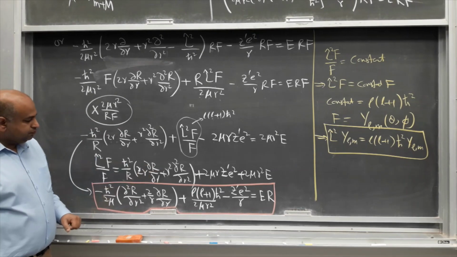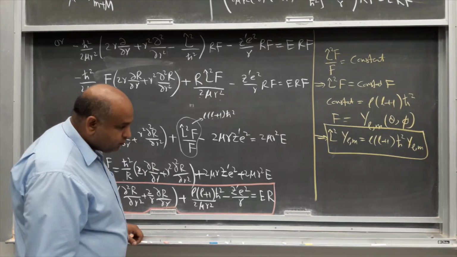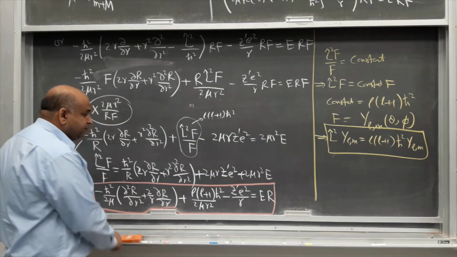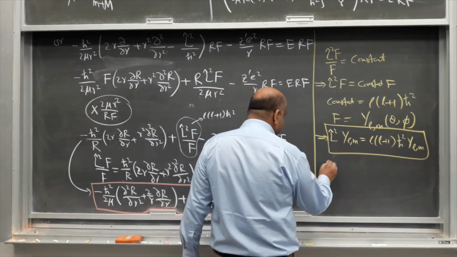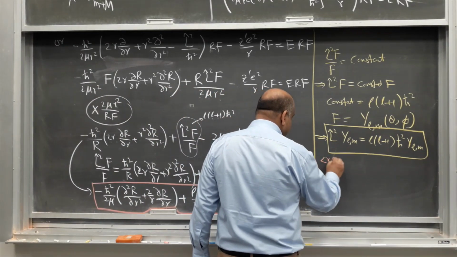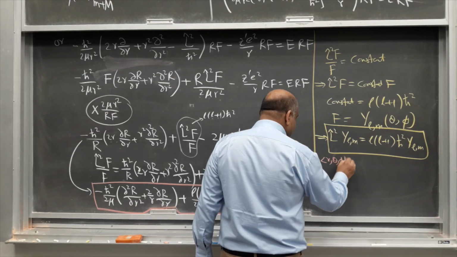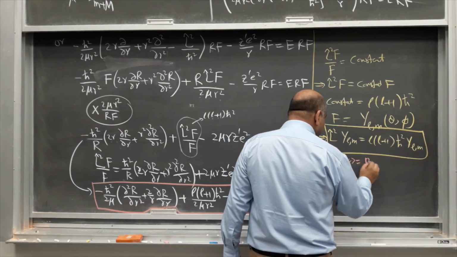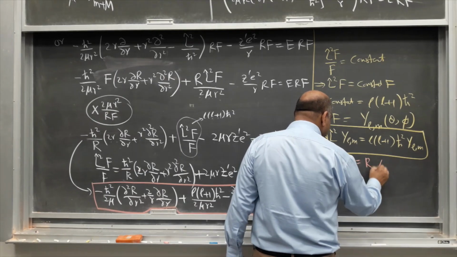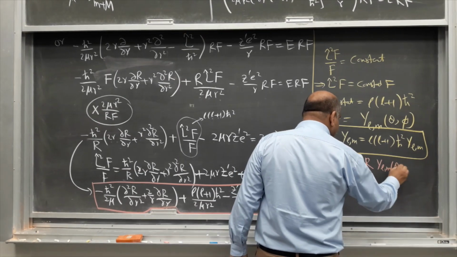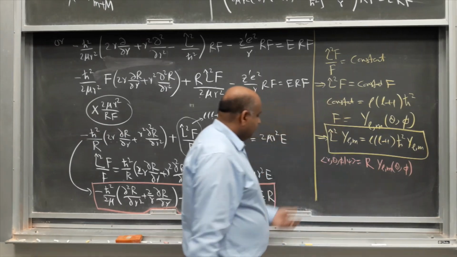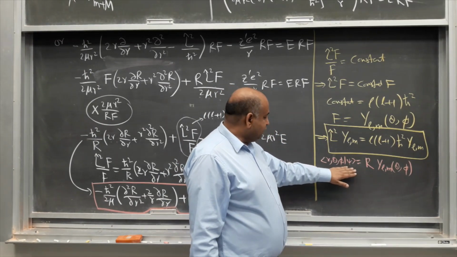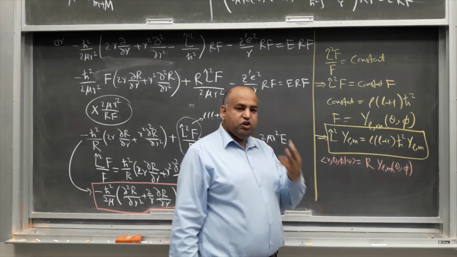And once we do, we can now recognize one thing very quickly, that our psi that we began with is R Y_LM theta phi. Now this function, this psi, is actually an eigenfunction of three operators.